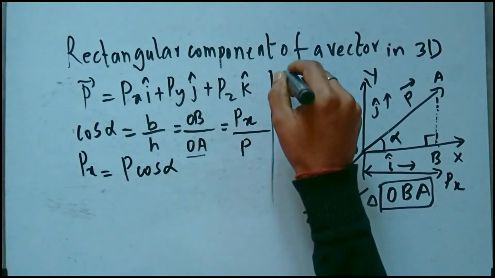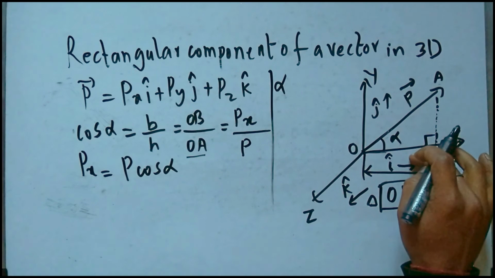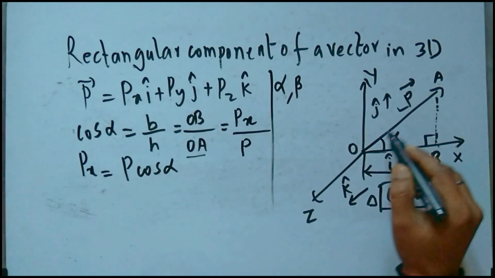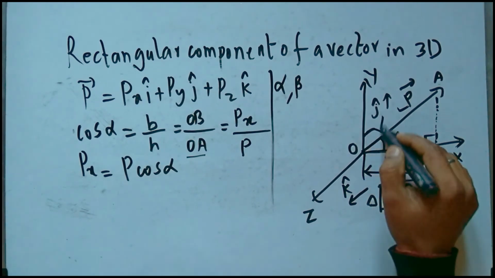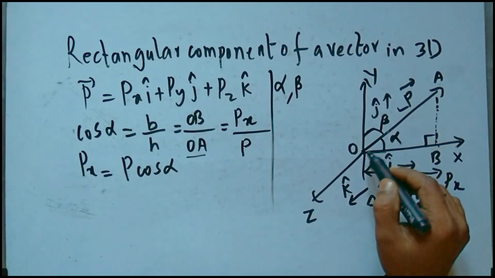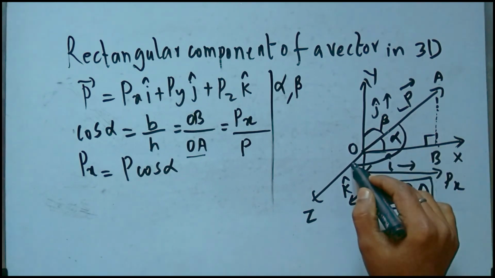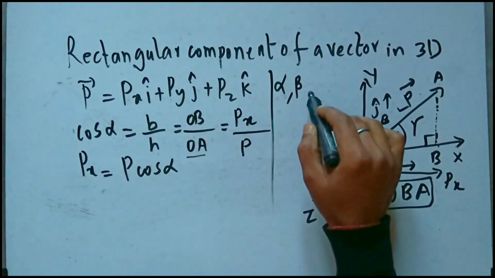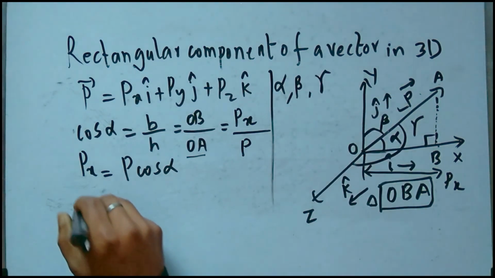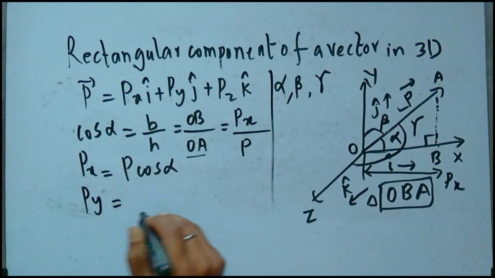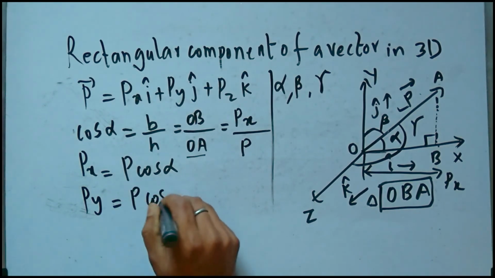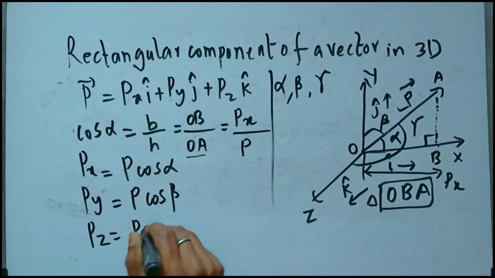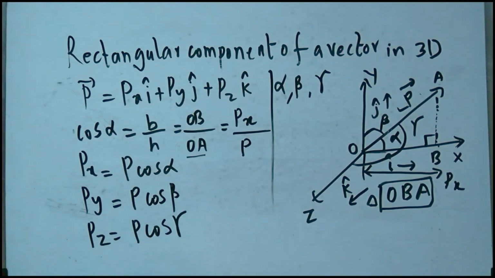Similarly, if alpha is the angle made by the vector with x-axis, beta is the angle made by vector P with y-axis, and gamma is the angle made by vector P with z-axis, then Py is equal to P cos beta and Pz is equal to P cos gamma.